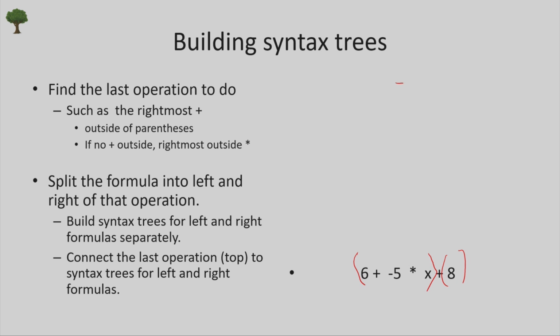So let me write a plus. And there are two things. The second thing is easy, it's just a number 8, nothing to do there. The first thing, so now I'm kind of forgetting that there is a plus 8 somewhere, and I'm just saying I have 6 plus minus 5 times x. How can I build the tree just for this thing, forgetting about everything else? Well, this is a sum of two things.